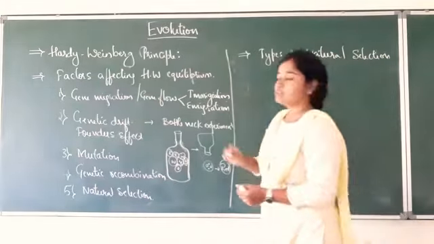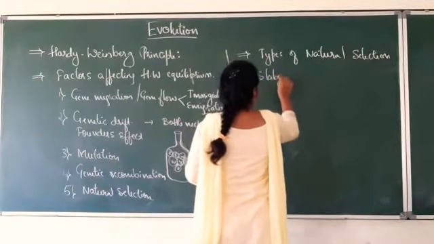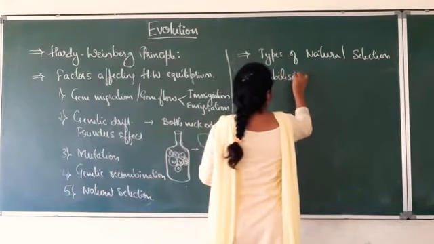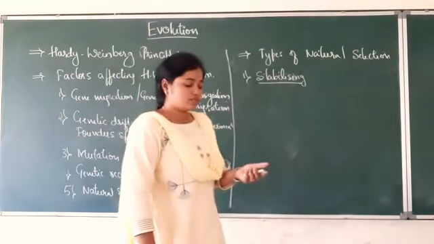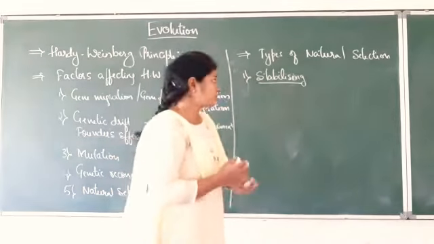There are three types of natural selection. The first one is stabilizing. So what does stabilizing mean? To maintain the nature properly.